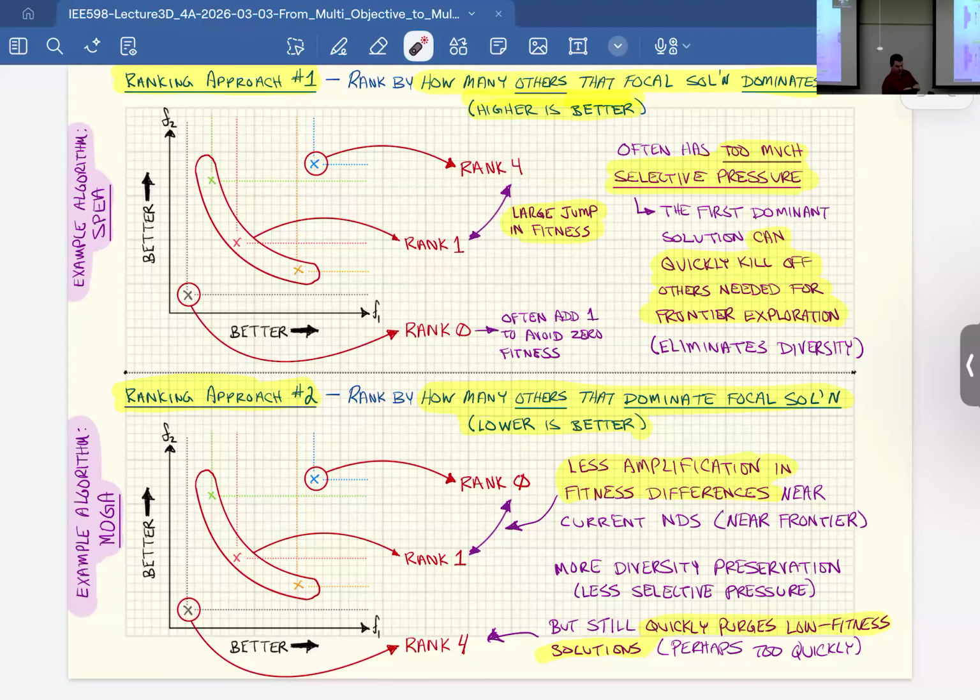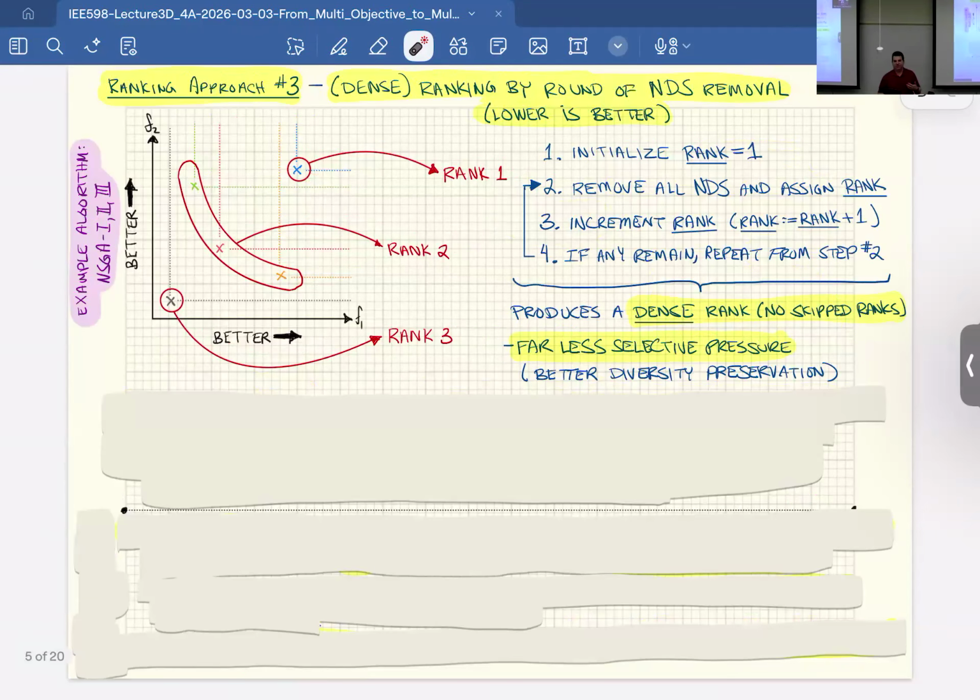So that is where NSGA-II, which is sort of the dominant two-objective, multi-objective optimization algorithm, its approach comes from. This uses an iterative Pareto peeling approach where you keep peeling off the non-dominated points, and then you rank them by what round they were peeled off.